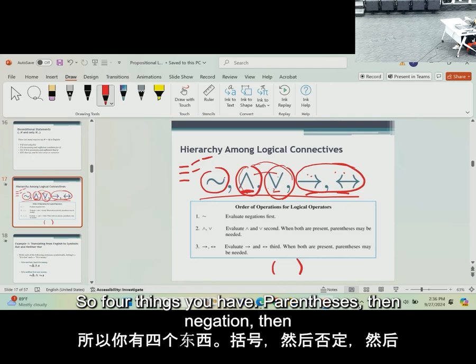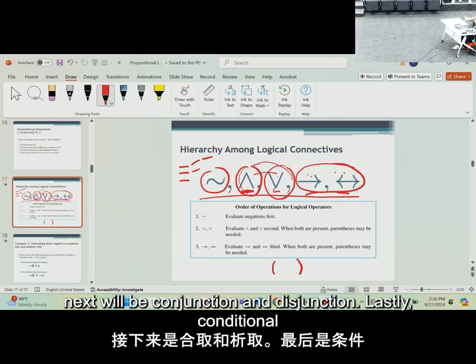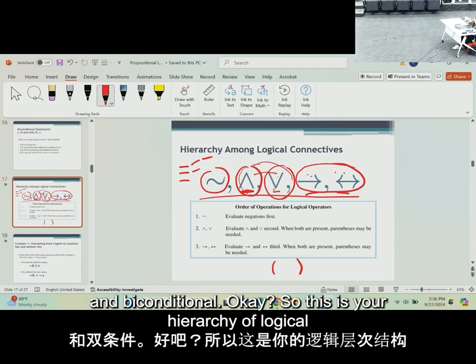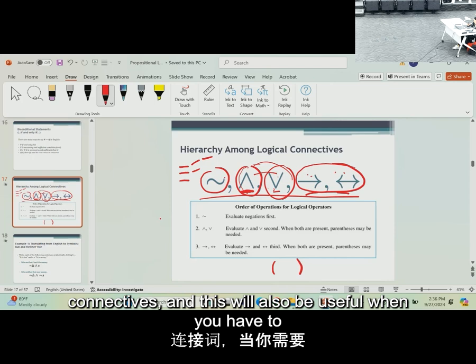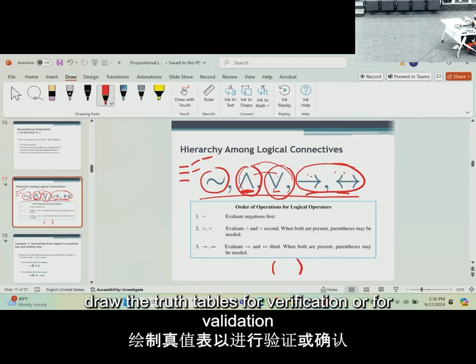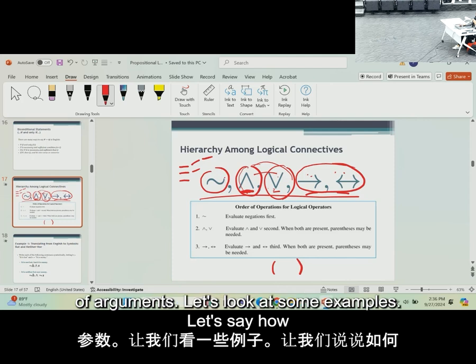So 4 things you have: parentheses, then negation, then next will be conjunction and disjunction, lastly conditional and biconditional. This is your hierarchy of logical connectives, and this will also be useful when you have to draw the truth tables for verification or for validation of arguments.